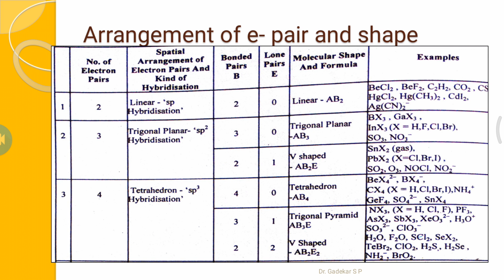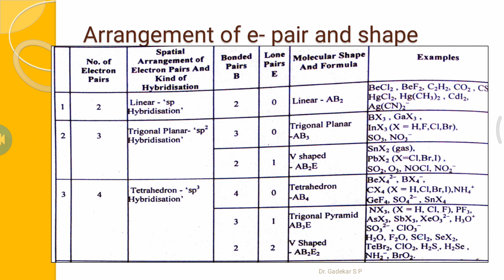Suppose first 2 electron pairs are present in a molecule. At that time the electron pair arrangement and hybridization is linear, sp hybridization, or diagonal type of arrangement. Bond pairs are only 2, lone pairs 0, and at that time the molecular shape is linear.